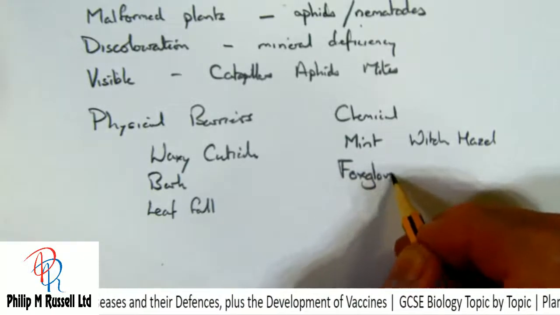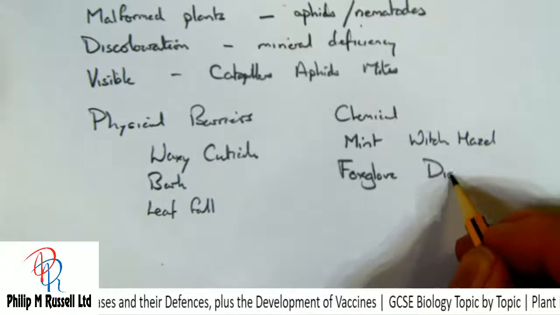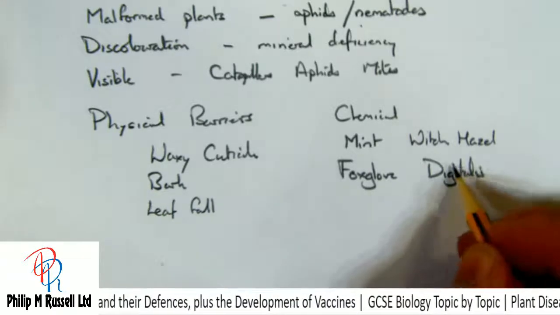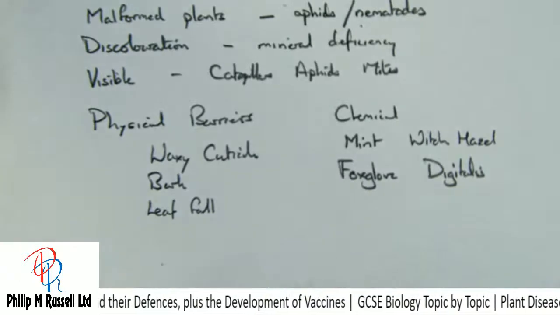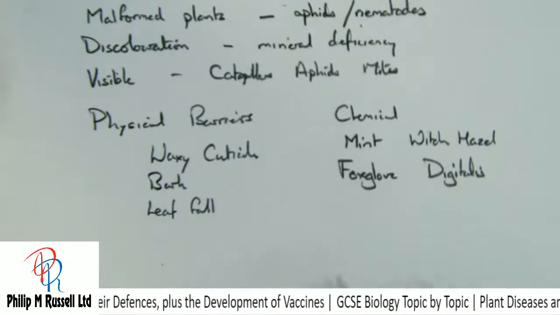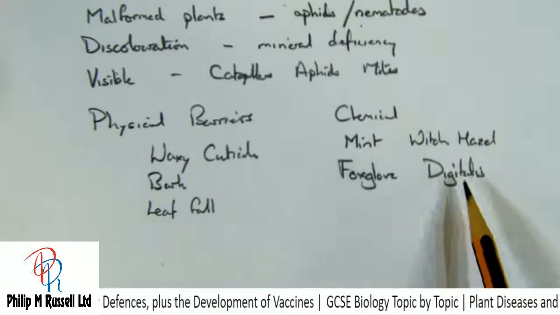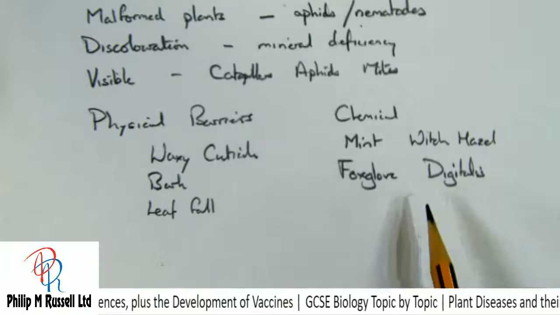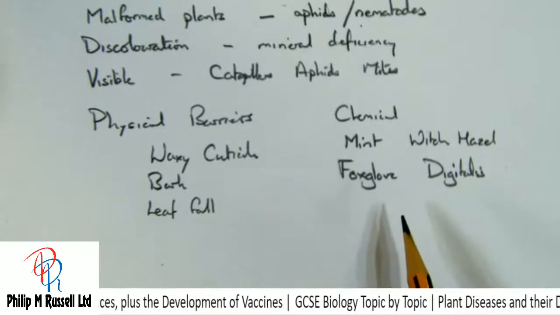The foxglove gives out a chemical called digitalis, and digitalis is particularly good if you want to try and kill someone. It's actually used as a heart medicine, but in quantity it can cause the heart to stop.